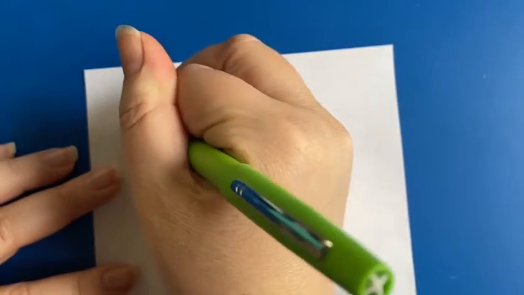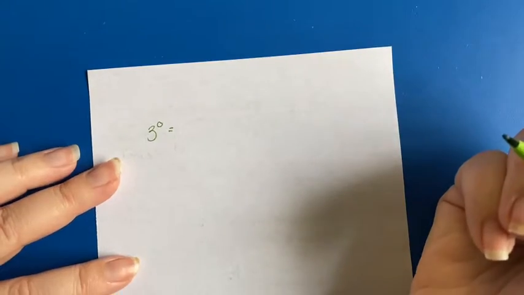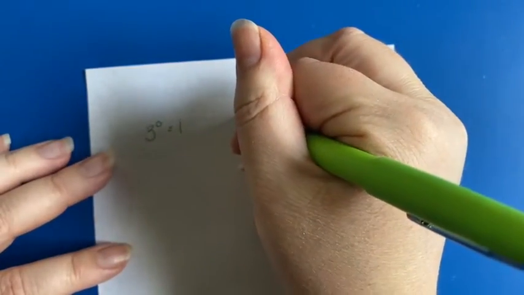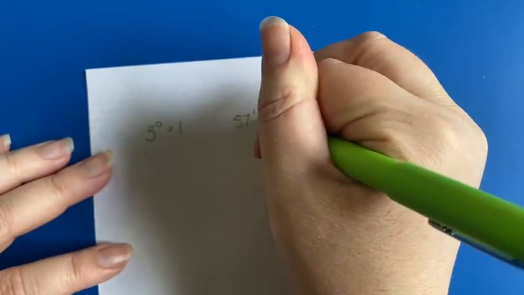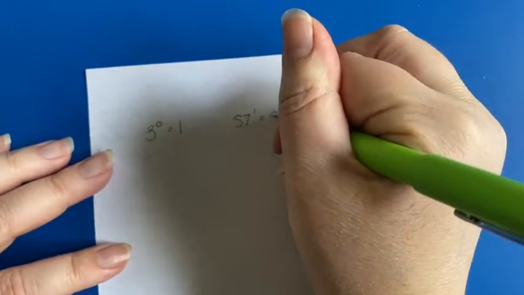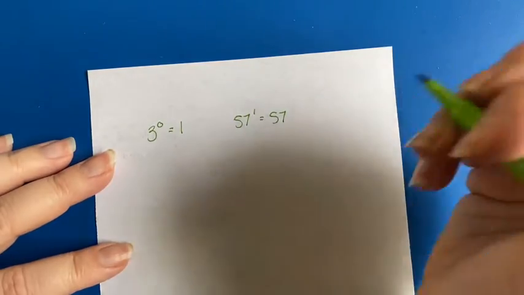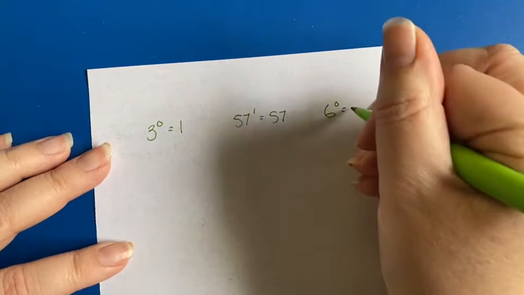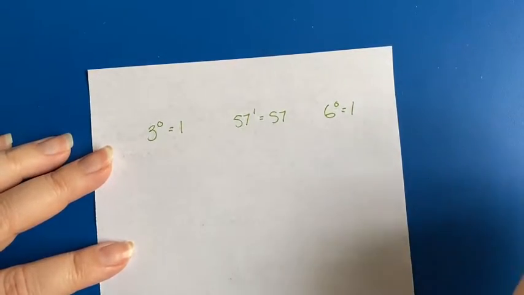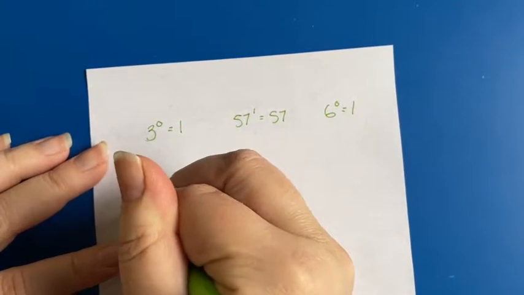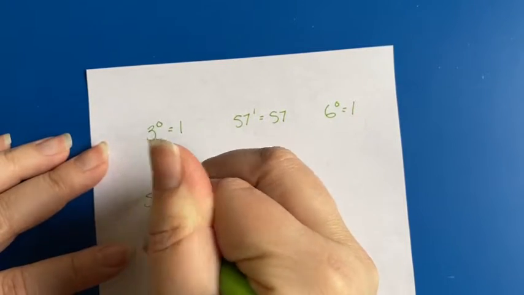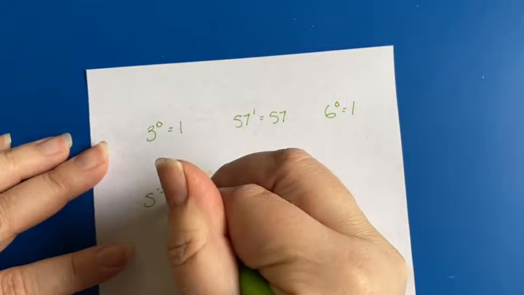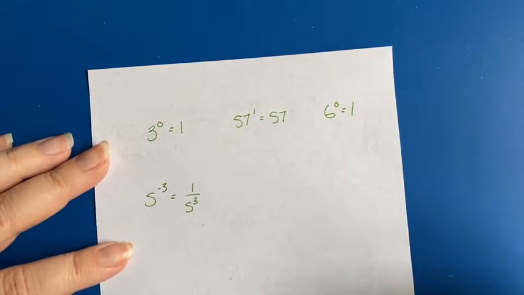If you had 3 to the power of 0, that answer would be 1. If you had 57 to the power of 1, your answer would be 57. If you had 6 to the power of 0, your answer would be 1. If you have 5 to the power of negative 3, you would simplify that to 1 over 5 to the power of 3.